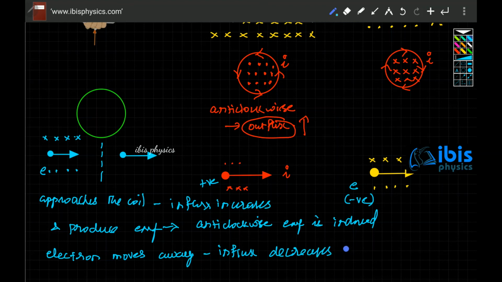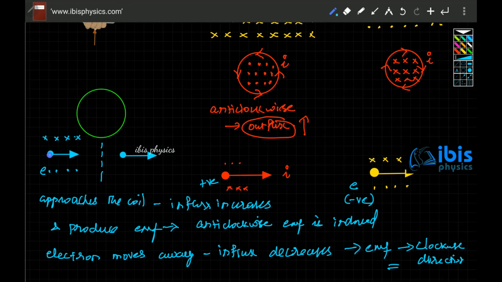When the influx decreases, that produces EMF. So it has to oppose the reduction of influx. In order to oppose the reduction of influx, it has to produce more influx. Hence, the current has to be clockwise. So it will produce EMF in the clockwise direction. I hope you understand the part.